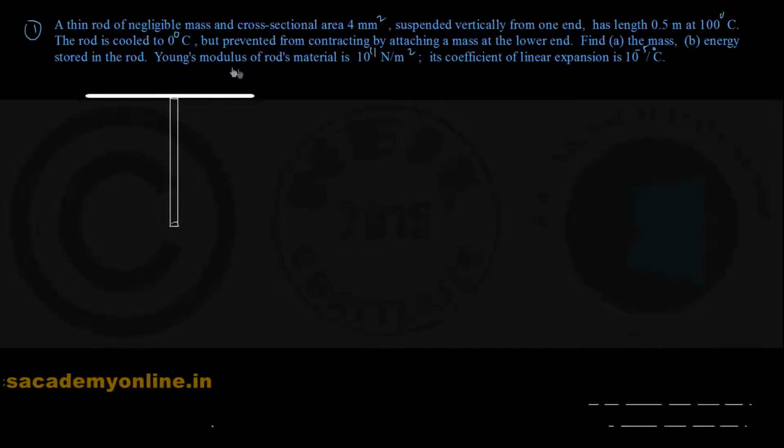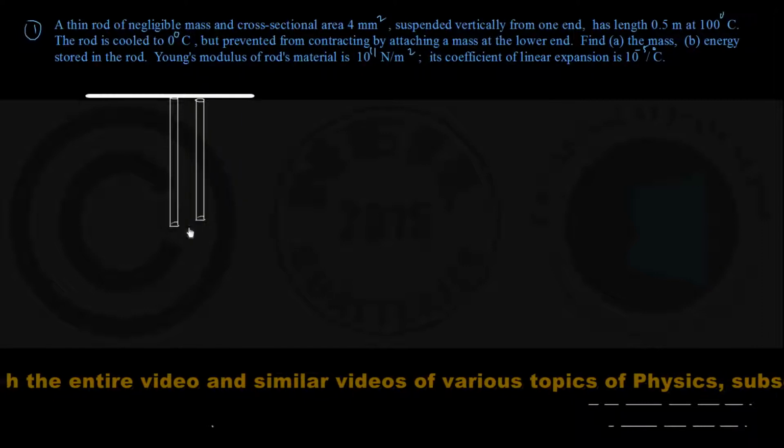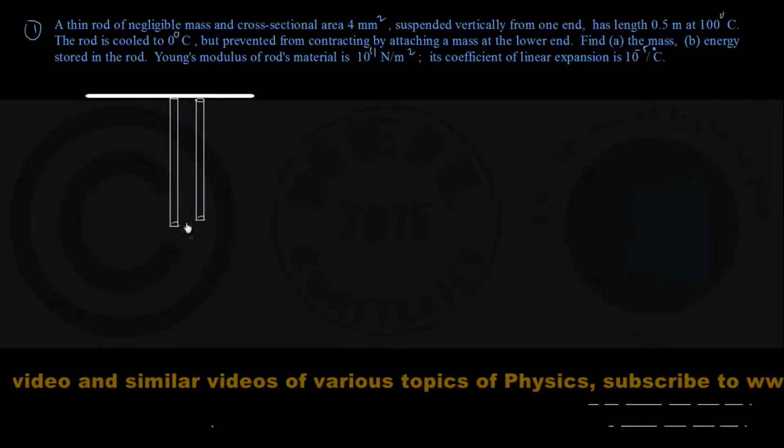But first of all, let's understand, as the rod is cooled from 100 degrees Celsius to 0 degrees Celsius, according to the principle of thermal expansion and contraction, the length of the rod should decrease. And the situation should be something like this, where I'm showing a tiny decrease in the length of the rod.